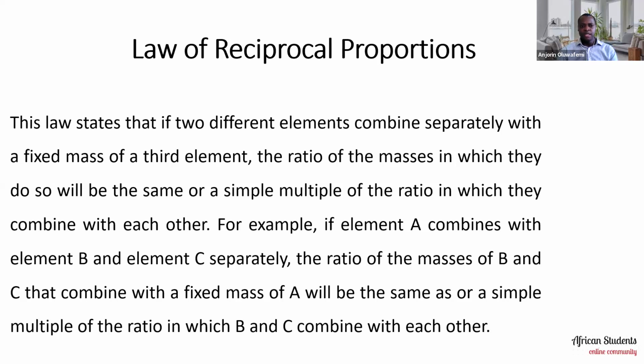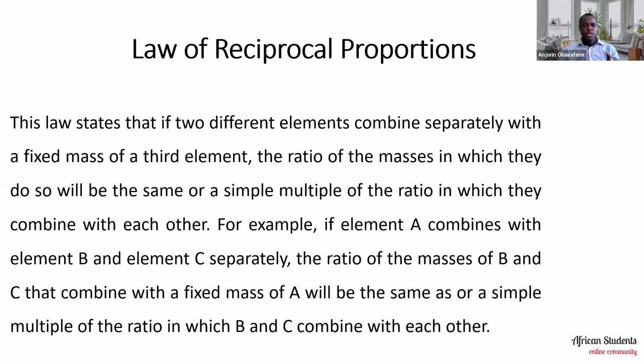Now, let's break it down. If two different elements combine separately with a fixed mass of a third element, the ratio of the masses in which they do so will be the same or a simple multiple of the ratio in which they combine with each other.